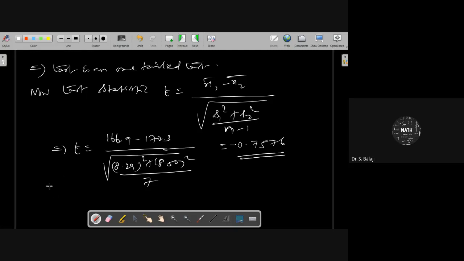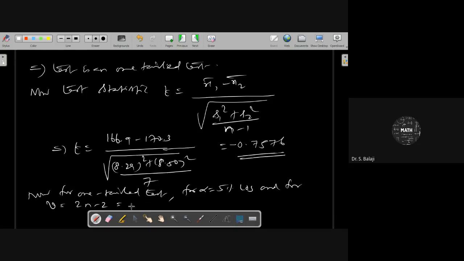Now, what about the critical value? You have to identify that again. For a one-tailed test, for general alpha equal to 5% level of significance, the number of degrees of freedom v is equal to 2n minus 2. Therefore, 2n is 16, minus 2, 14 degrees of freedom.